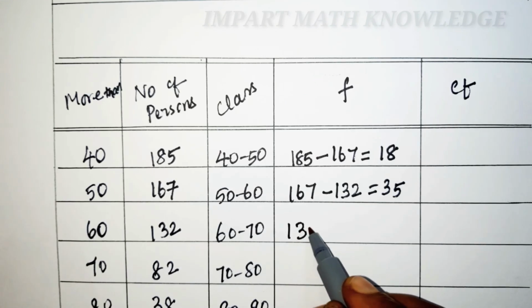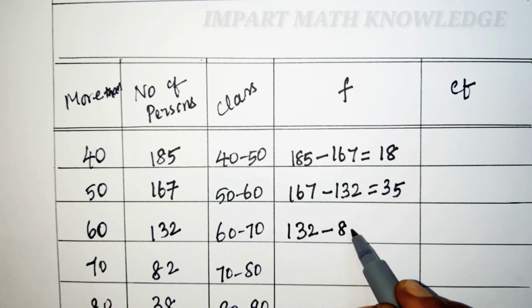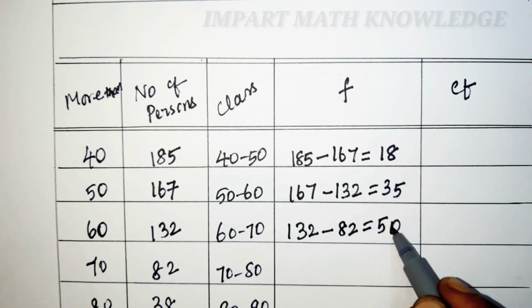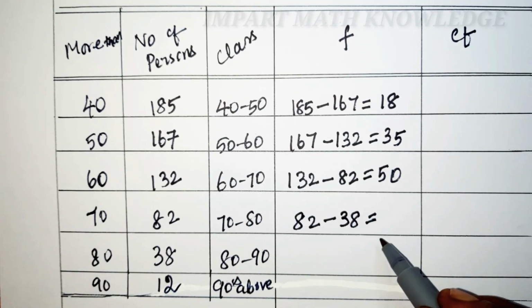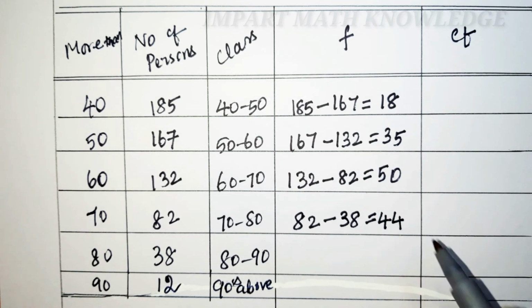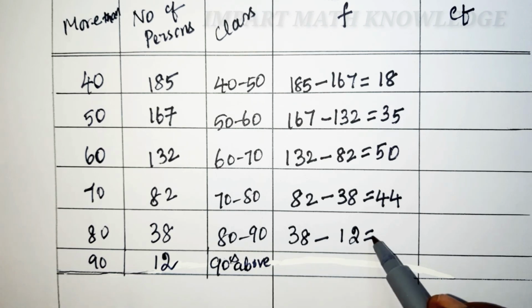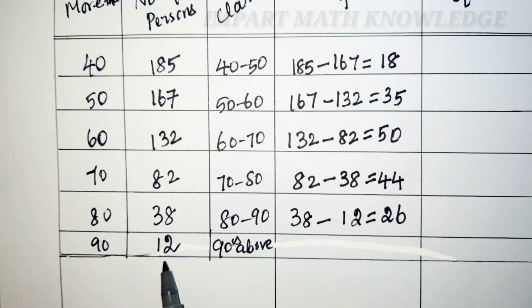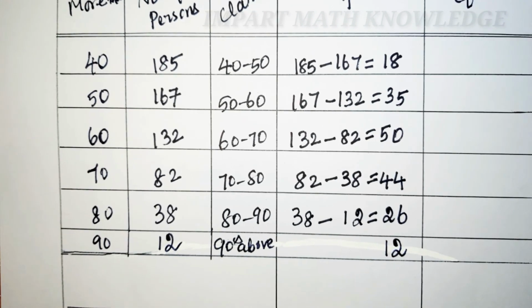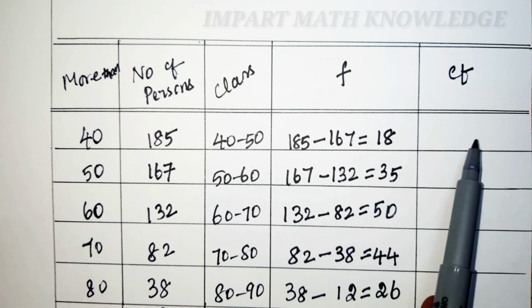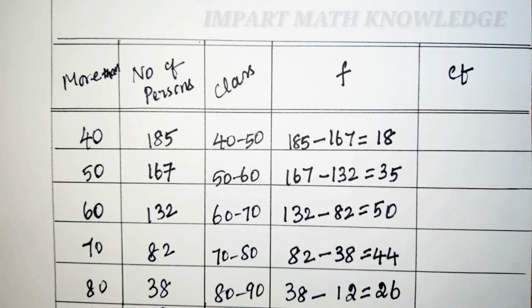Then 132 minus 82 is equal to 50. 82 minus 38 is 44. 38 minus 12 is equal to 26. At last you write the value as it is. Total frequency is 185.